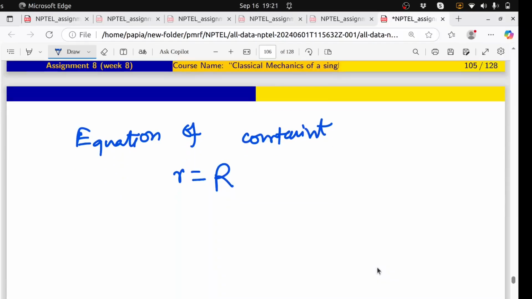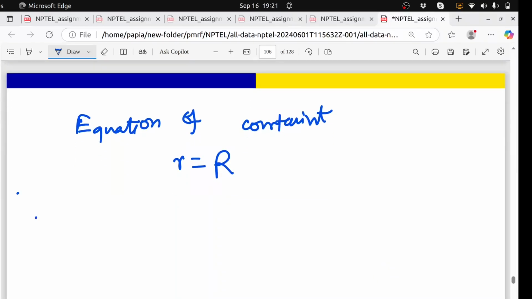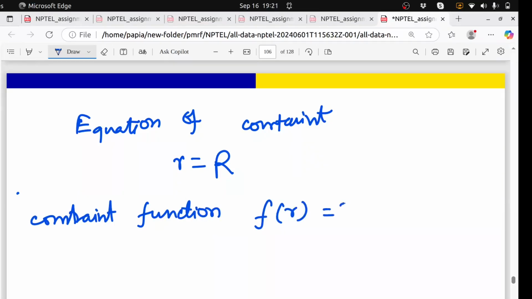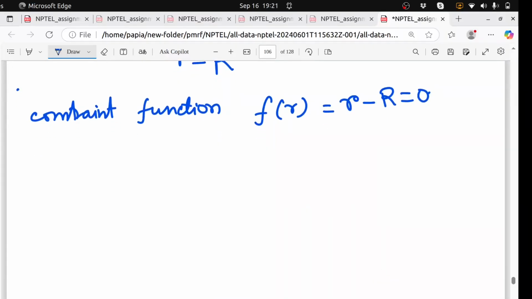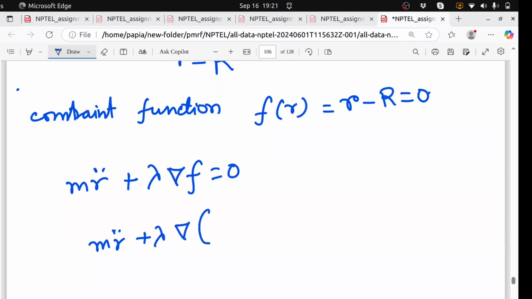So the constraint function f of r is equal to r minus capital R, which is 0. Now coming to here, m r double dot plus lambda grad f equals to 0. So m r double dot plus lambda gradient of r minus R equals to 0.